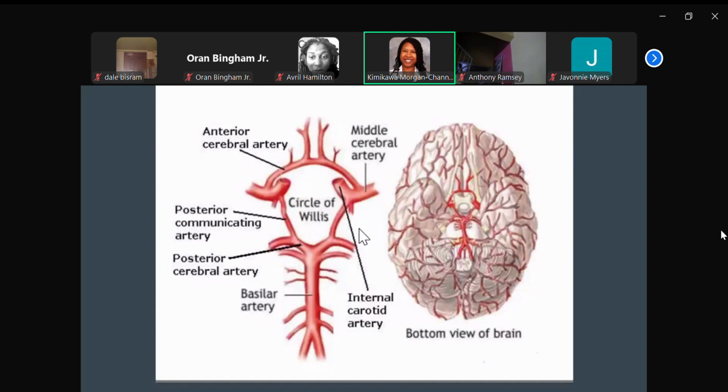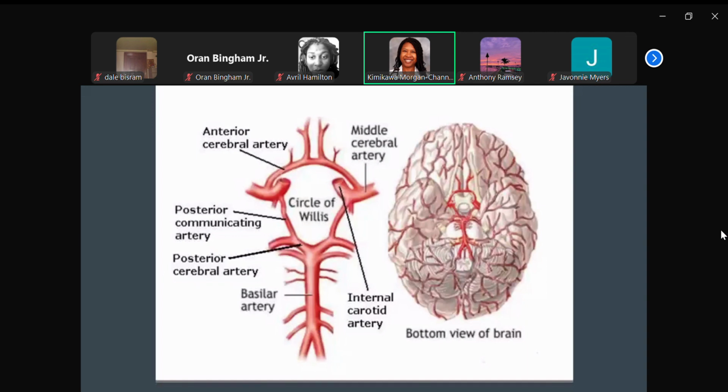And then in the posterior circulation, you have the vertebral arteries joined together with the basilar artery, and then they divide, making this T shape to create the posterior cerebral arteries and the posterior communicating artery. Anything in this area is considered posterior circulation stroke.